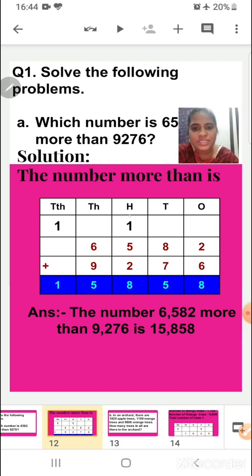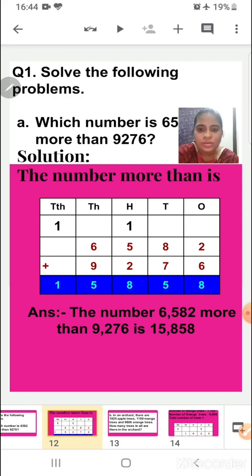In the hundreds place we have 1 plus 5 plus 2, which is 8. In the thousands place we have 6 plus 9, 15. 1 will be carried over to the 10,000s place and 5 we will write in the thousands place. In the 10,000s place there is no number to add. We have only 1 as carry over. So we are going to put down the 1 as it is in the 10,000s place.